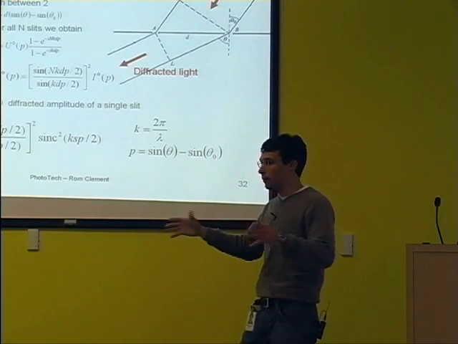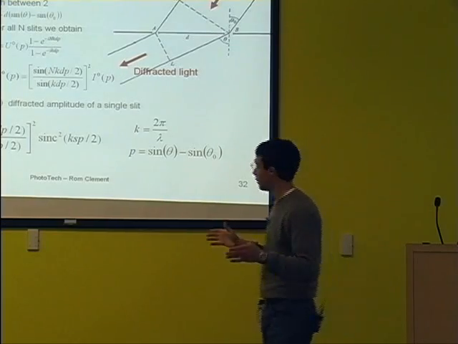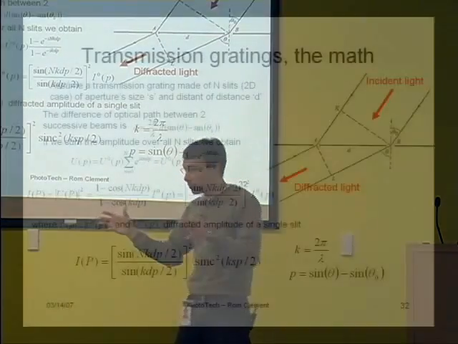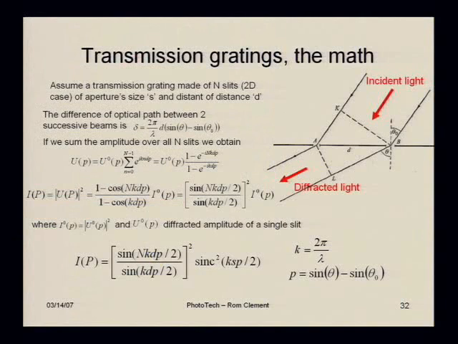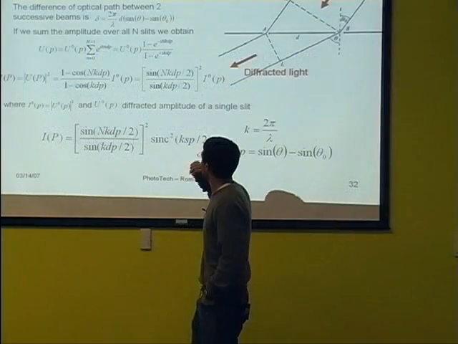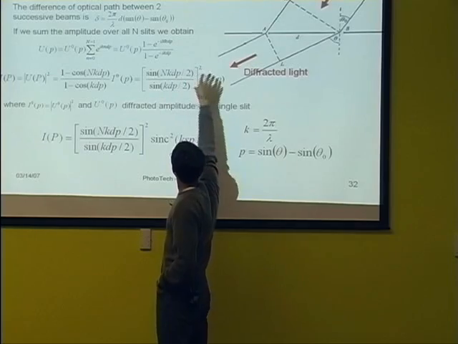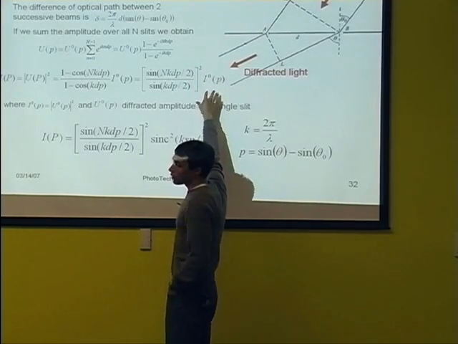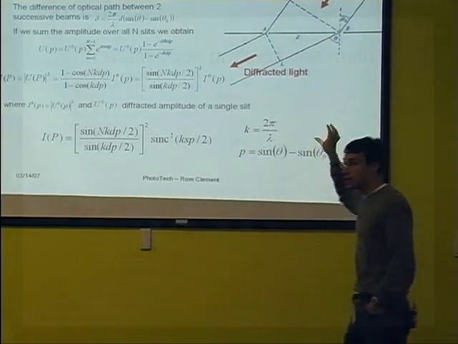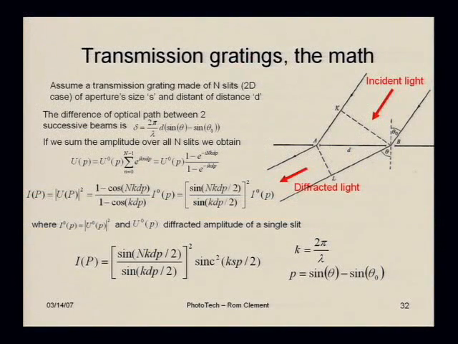So if we sum everything, all this variation of amplitude and difference of phase for all these beams, this function appears. The total intensity is proportional to this function times I0, where I0 is just the intensity of one slot.